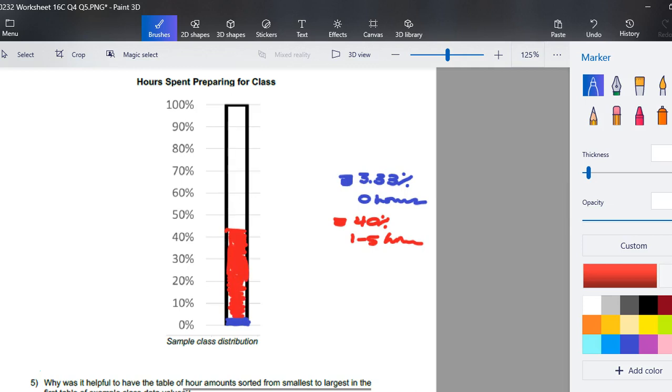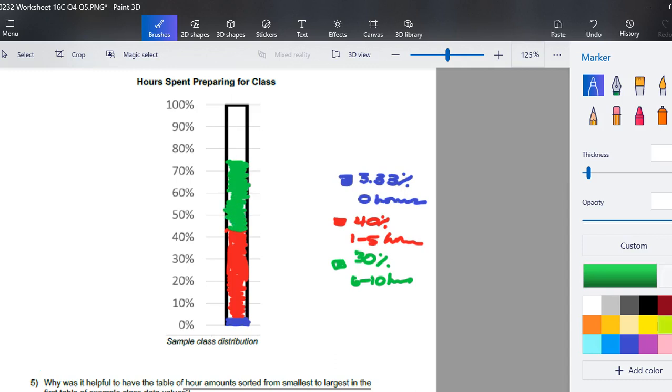The next part would be students who studied 6 to 10 hours, and that was 30%. So if I'm here at 43 and I'm going to go 30, that'll be 53, 63. So I'm sitting up here at about 73%.